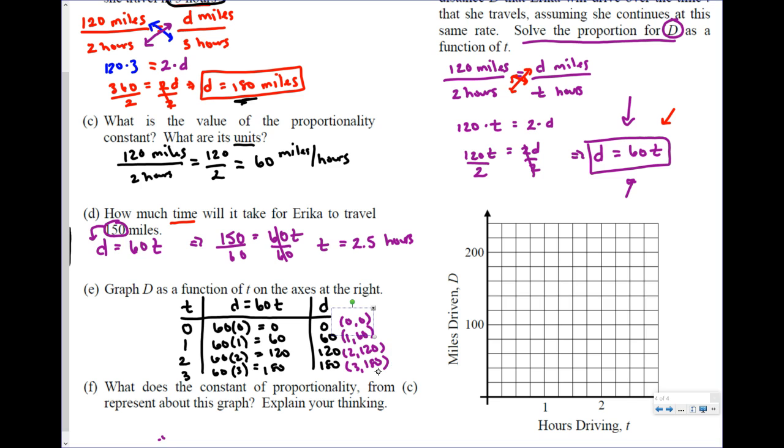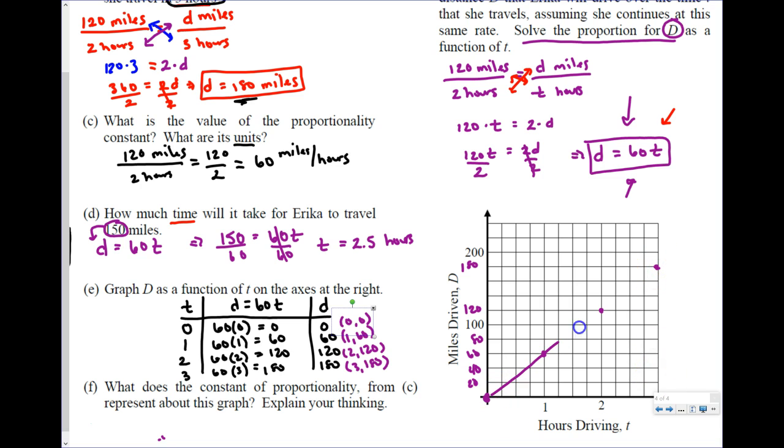So now I just have to plot these points over here. So here is 0, 0 always. 1, 60, these are going up by 2's. So 1, 60 is right here. 2, 120 is right here. And then 3, 180 is right here.